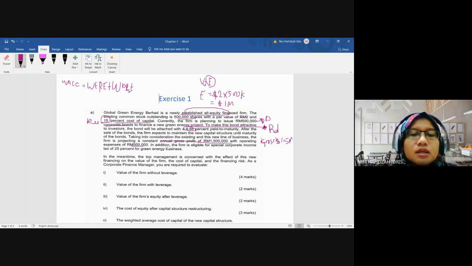So the firm enjoys a special corporate income 25%, what is this? This is the tax.